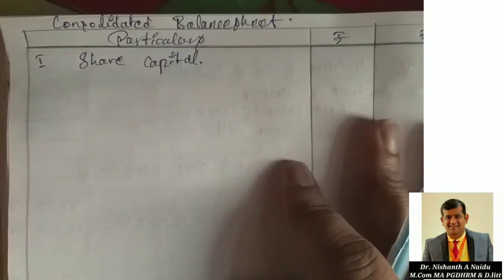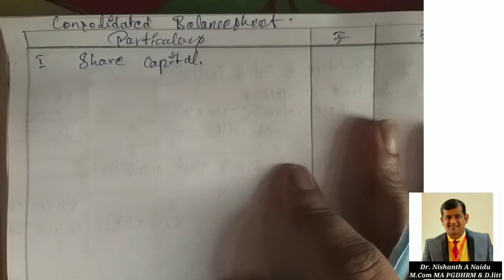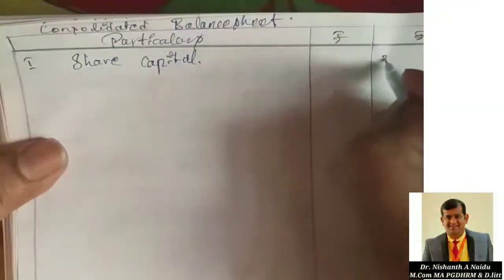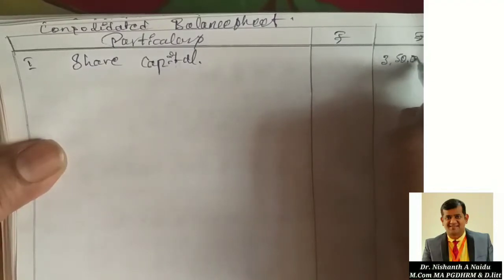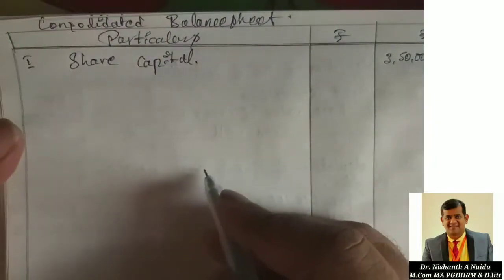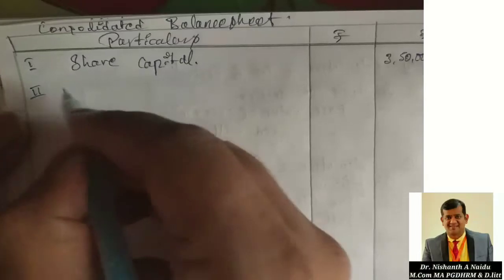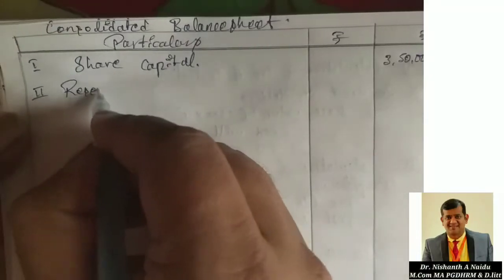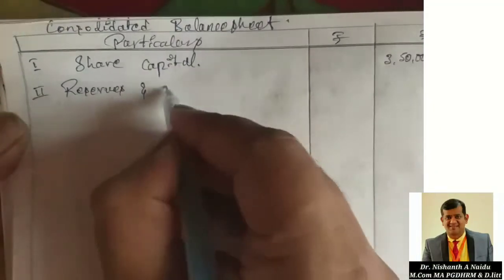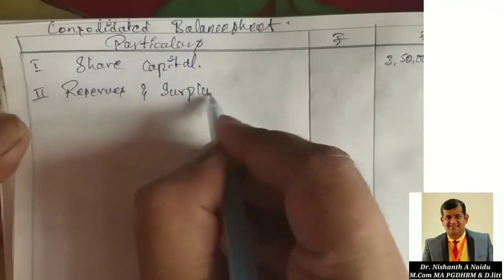So that is 3,50,000 rupees. In the second head, we always have reserves and surplus.